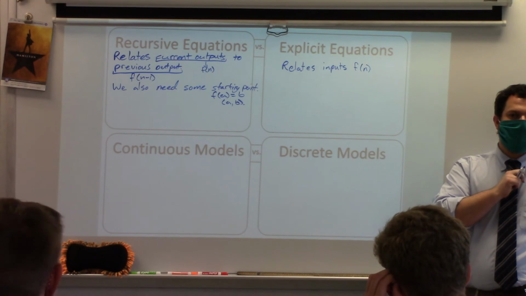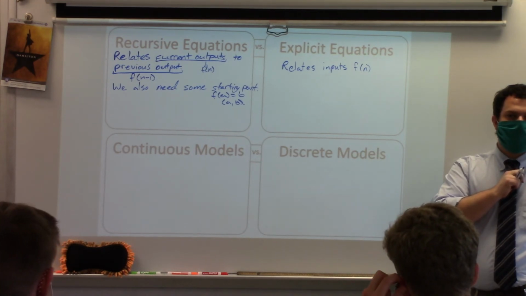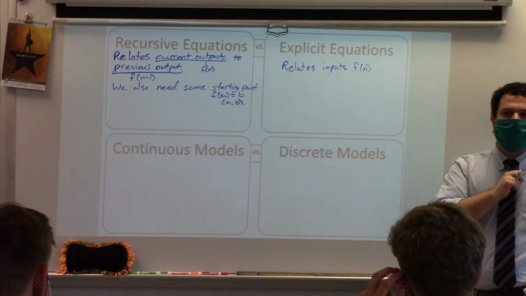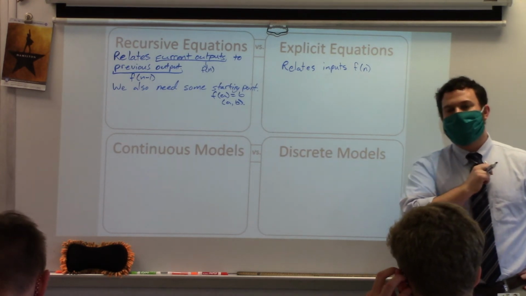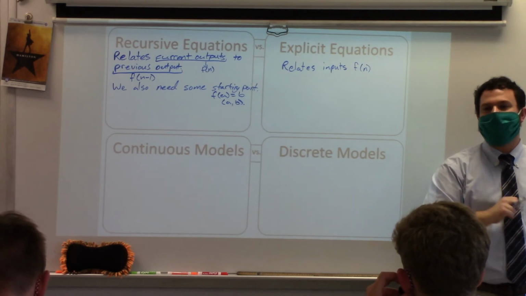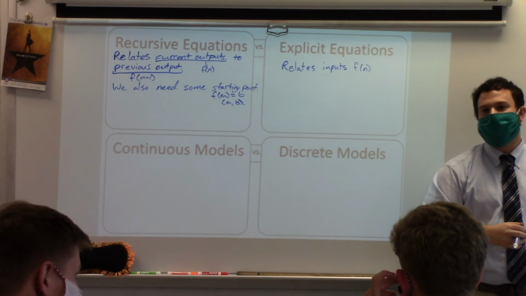Rowan? I do, because I thought f of n was an output. Is f of n the input or is it the output? Yesterday you told me it was output. Well, I'm asking. McKay thought that f of n was the input. Key Anthony disagreed, and you're agreeing with Key Anthony.